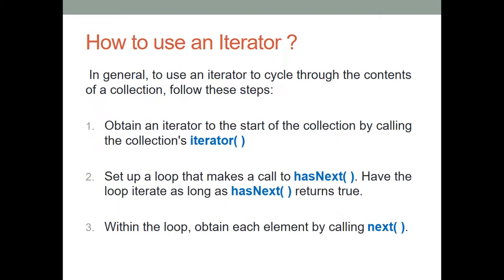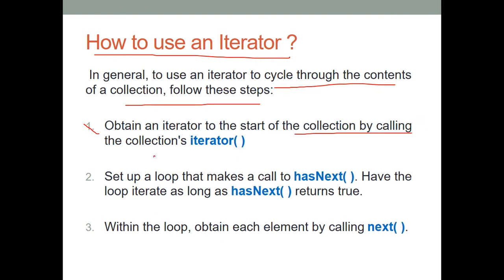Okay. Now, how to use an Iterator? In general, to use an iterator to cycle through the contents of a collection, follow some steps. Obtain the iterator by calling the collection's iterator method. Set up a loop that makes a call to hasNext.